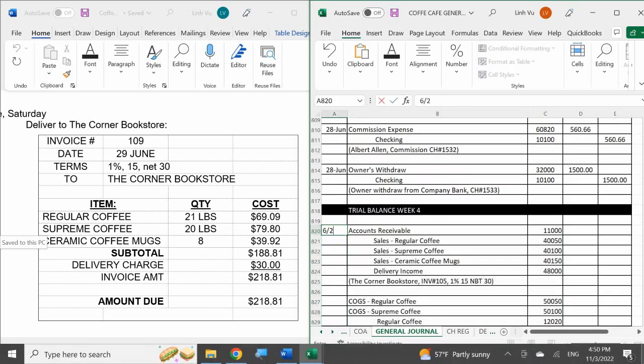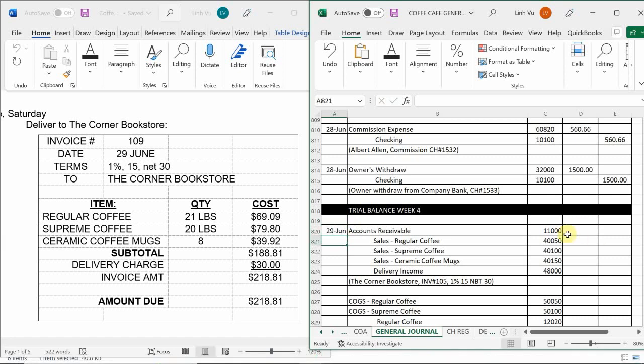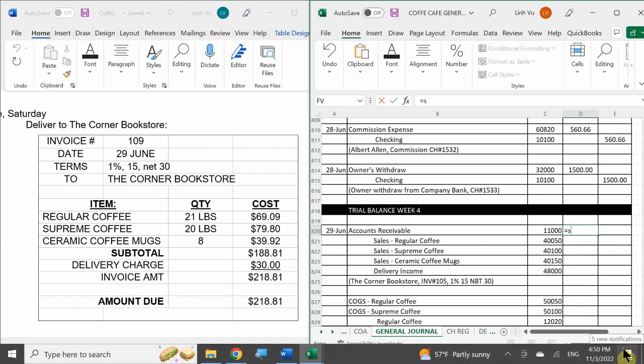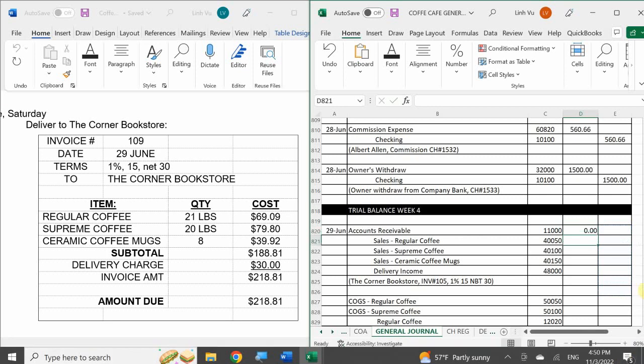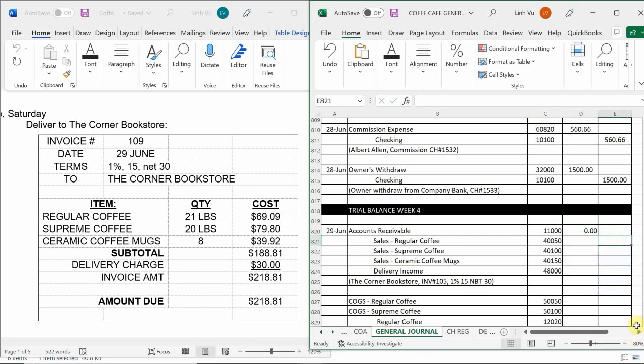Today's the 29. Accounts receivable is going to be an equal sum. Starting with the first one here, we sold 21 pounds of the regular coffee for $69.09.